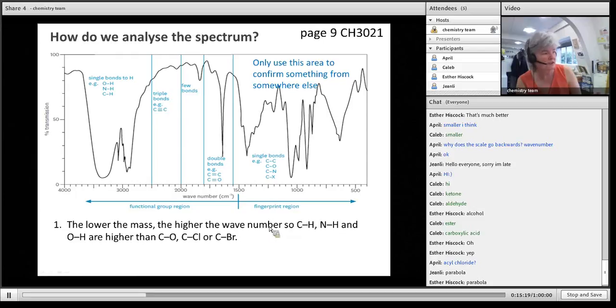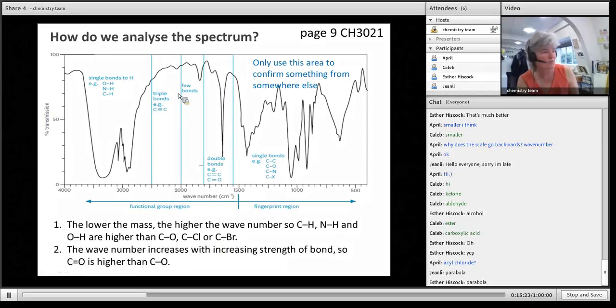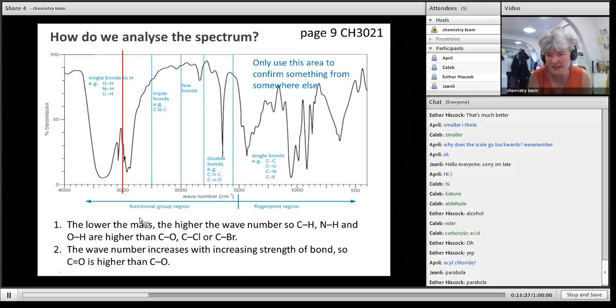So we always have those high up there, and we also have the triple bonds at a higher number, then the double bonds, and then the single bonds. And that point over there, the 3000 point, is the place to start when you want to analyze.